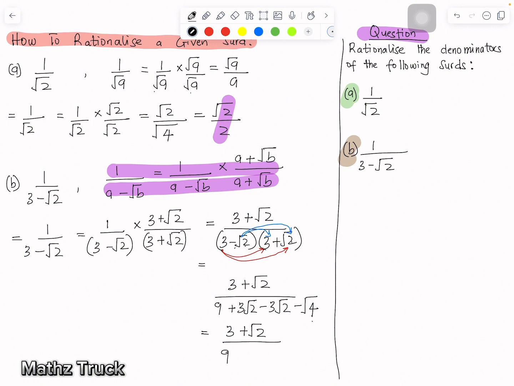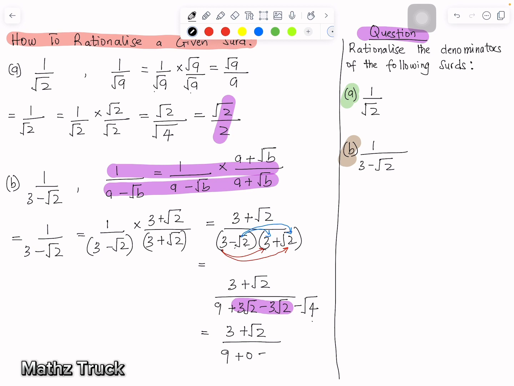Now remember this. We have plus 3 root 2 minus 3 root 2. This cancels each other. So this will be 0. You may choose to write 0 or not, but for the sake of those that find it difficult, let's write 0.